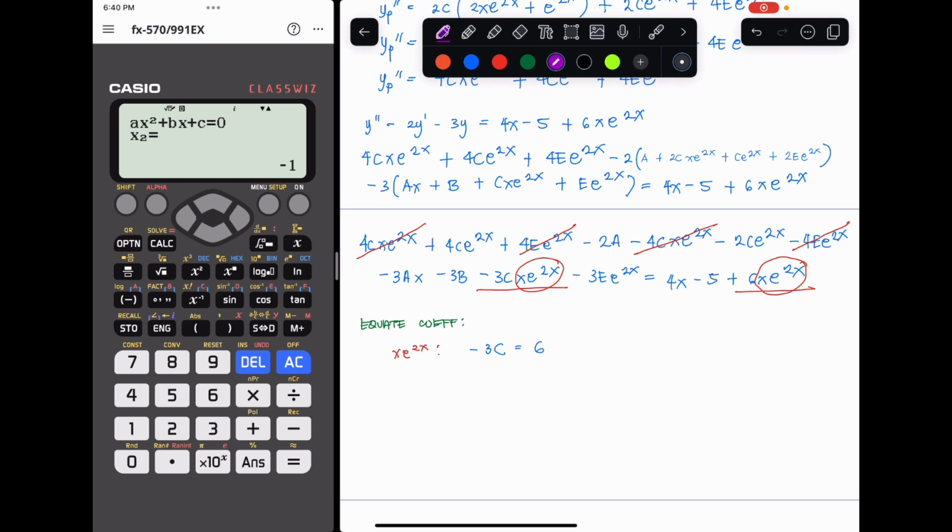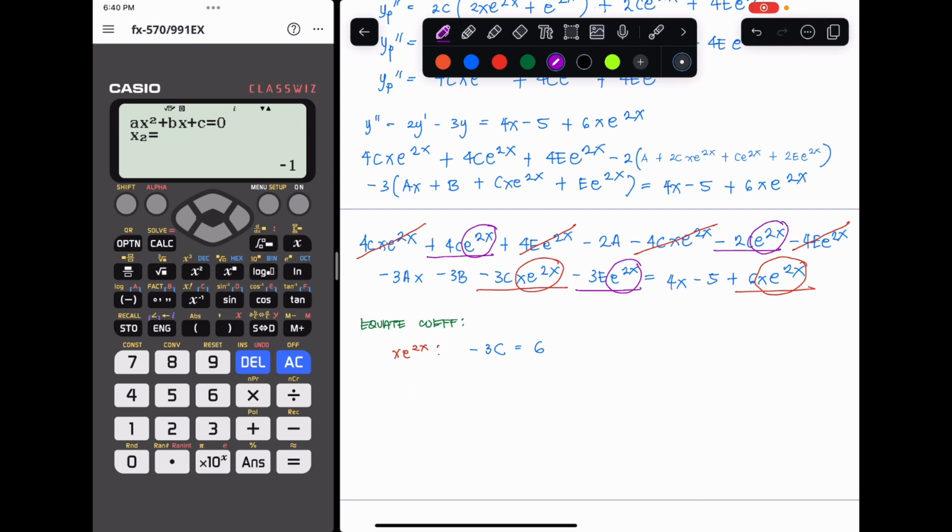And then second, all the terms involving e2x. So this one involves e2x, and then we'll have this one as e2x, this one as e2x as well.